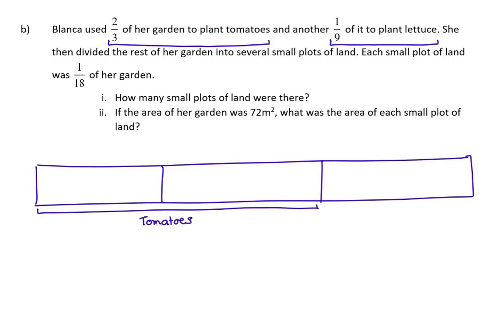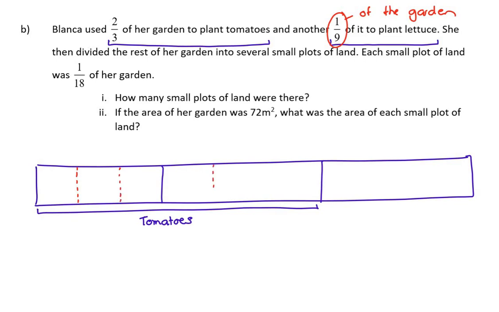Now this question says she also then plants lettuce in 1/9 of the garden, not of the remainder. This is 1/9 of the garden. Now the problem is the way I have divided my blocks, I don't have 1/9. I only have this into thirds. So in order to make these into blocks of 9, I need to divide each of these 3 blocks into 3.